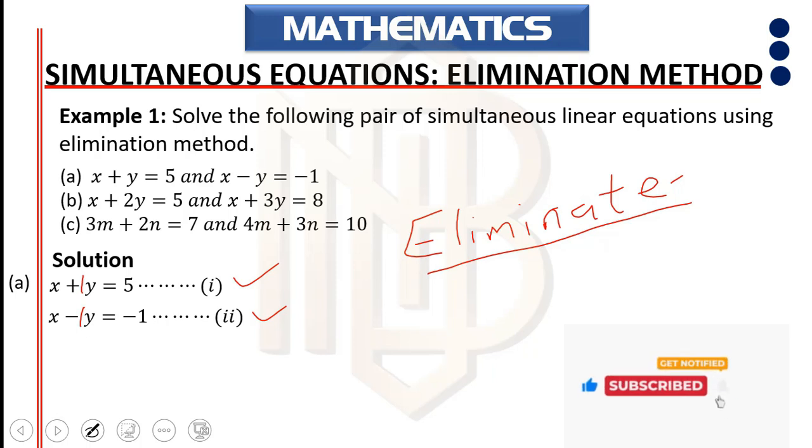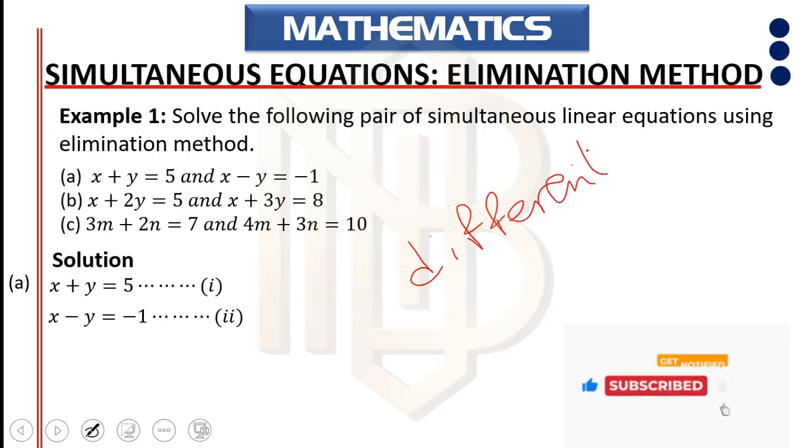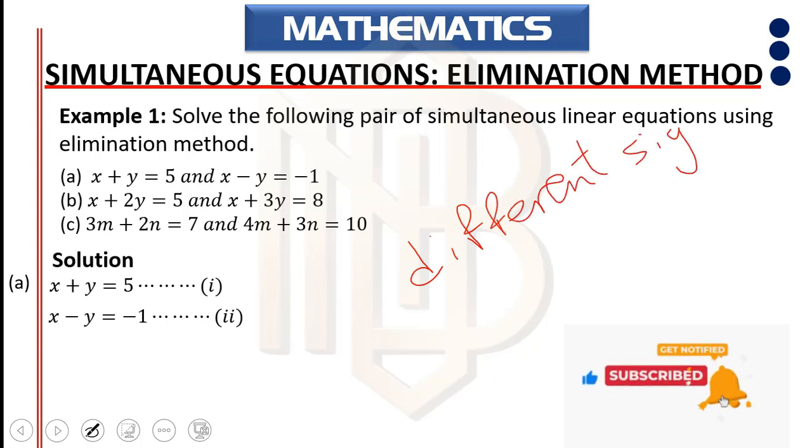Are we together? If you have plus 1 and minus 1 there, you can easily say, because they are of different sign, let me write it this way: different sign. When you have different signs, you add.